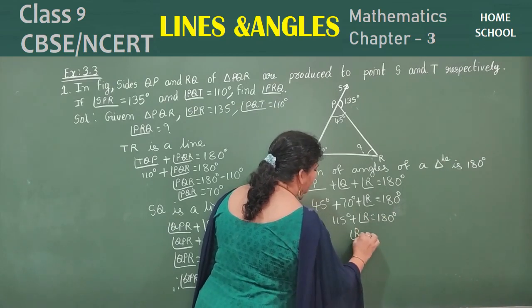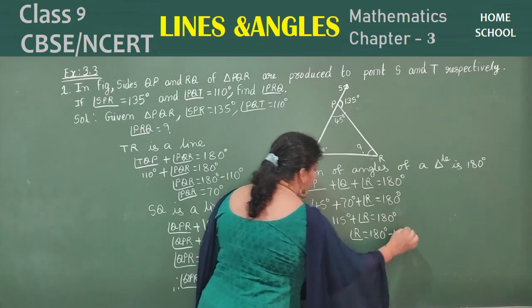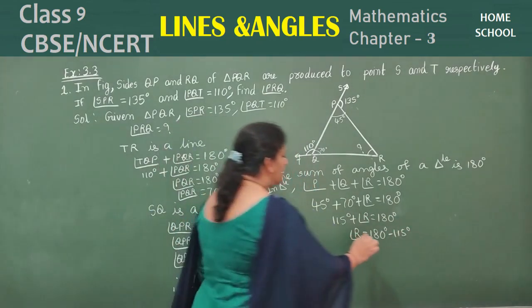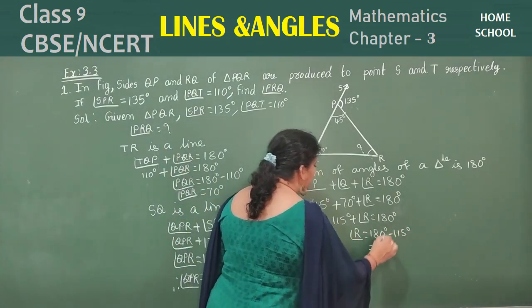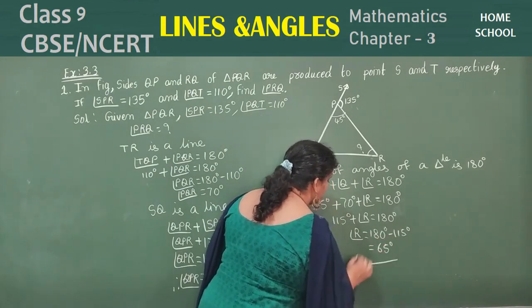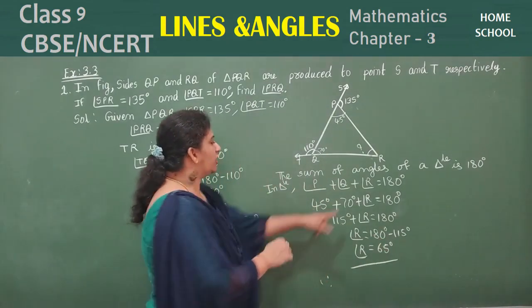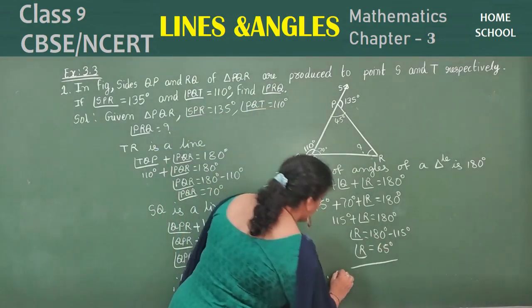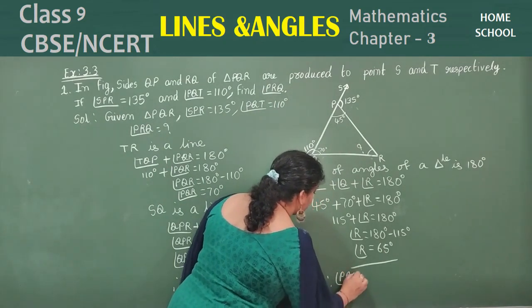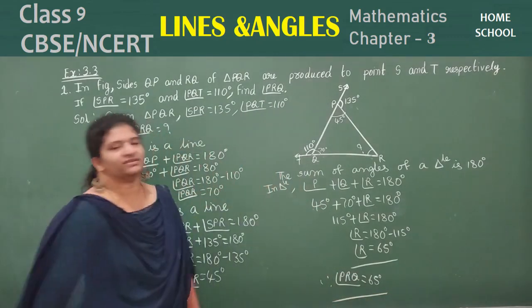Now 115, send to the other side, 180 degrees minus 115 degrees. If you subtract, you are going to get 65 degrees, your answer. So therefore angle R, the shortcut there, right? Full you write: angle PRQ is equal to 65 degrees is your answer.